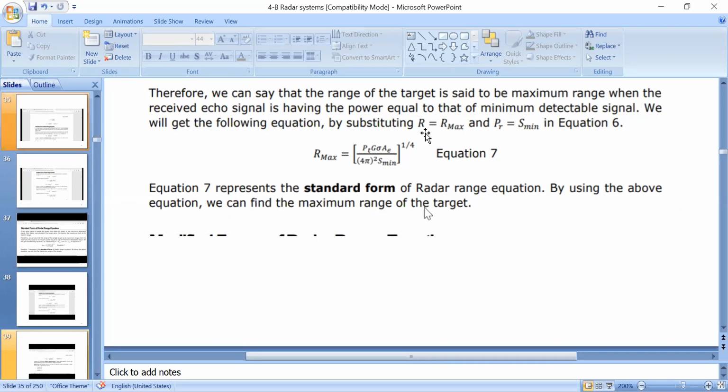After that, at the end, you are substituting R maximum in place of R, and in place of PR, you are substituting S minimum. Why you are substituting S minimum: radar only detects the targets when the received power is equal to the minimum detectable signal. This minimum detectable signal is decided based on the threshold value. I will explain that concept in later classes.